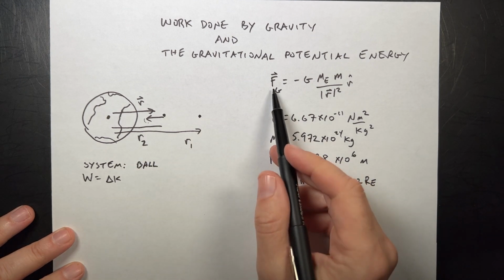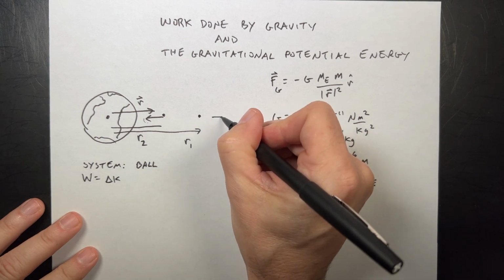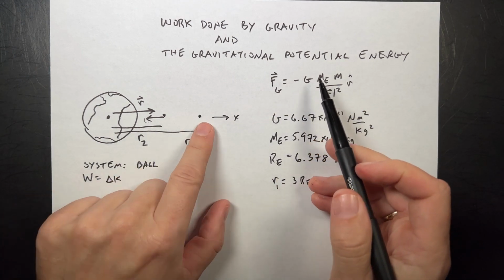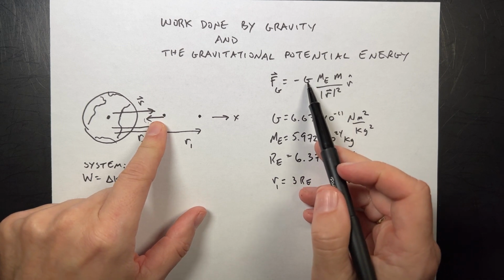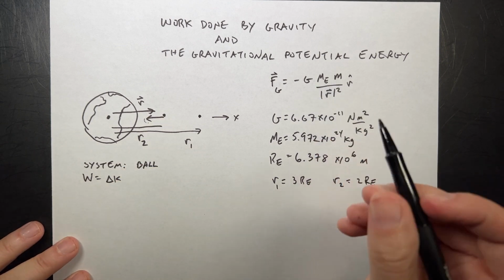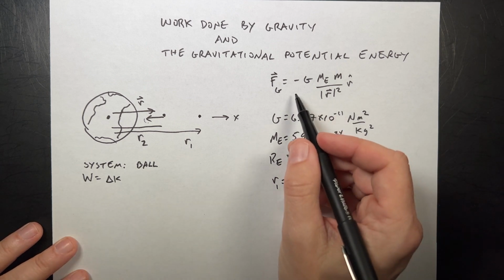So the gravitational force is in the negative x direction. Let's call this the x direction for now. It's going to be in the negative x direction going from here to there. And it has a value of G, mass of the Earth, mass, divided by the distance squared. So the problem is that this is a non-constant force.